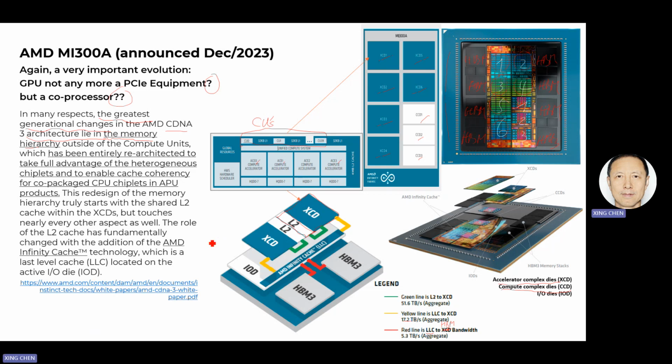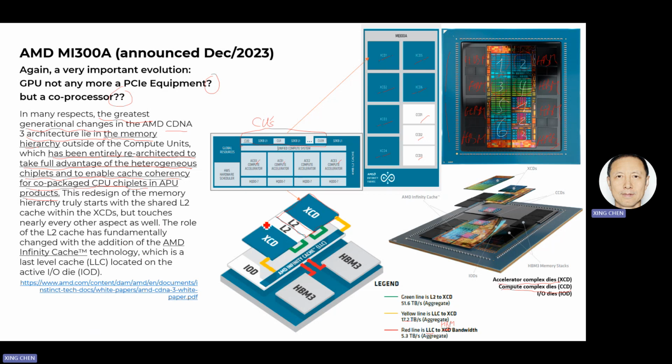Basically, this is saying that the memory hierarchy has been entirely re-architected to take full advantage of the heterogeneous chiplets and to enable cache coherency for co-packaged CPU chiplets in APU products. Okay. We are going to dive into this one a little bit, because this really is the key part.